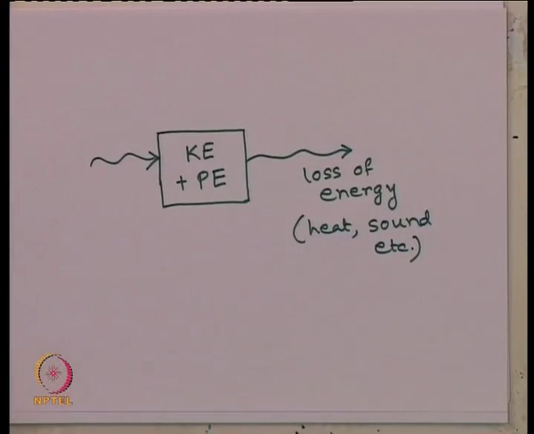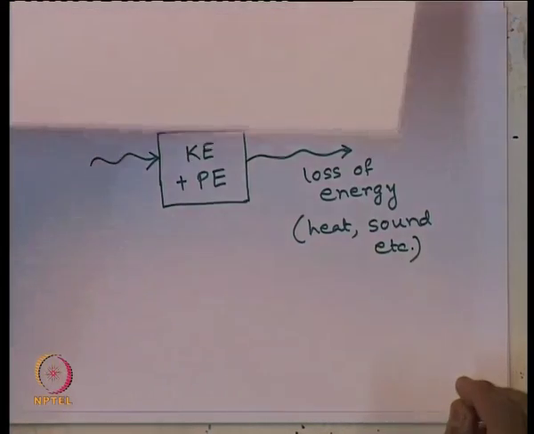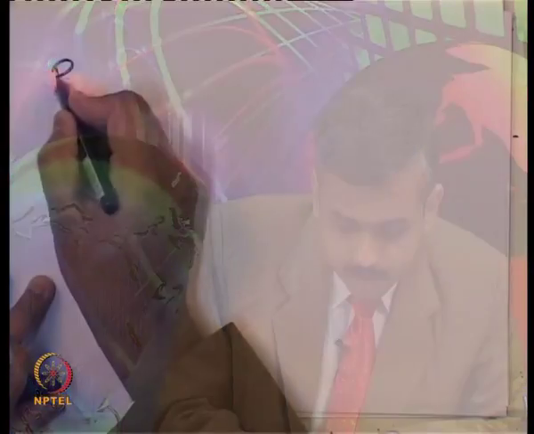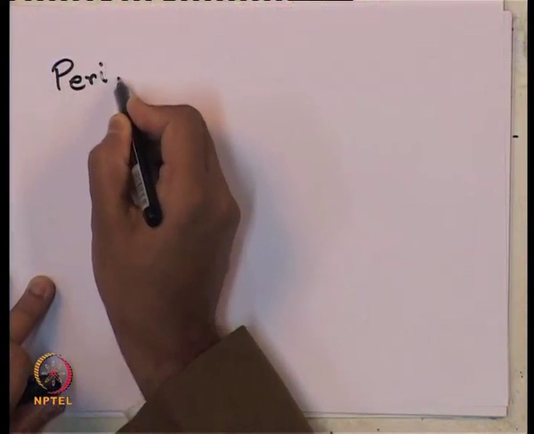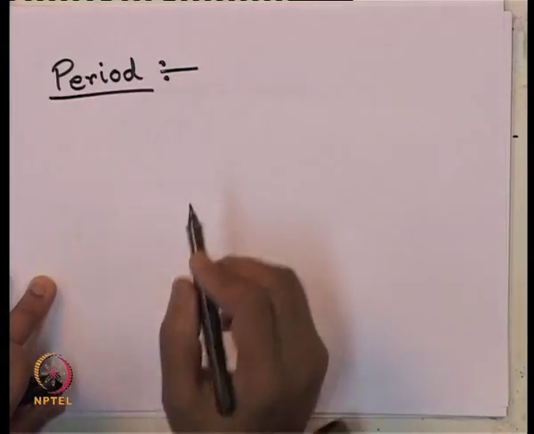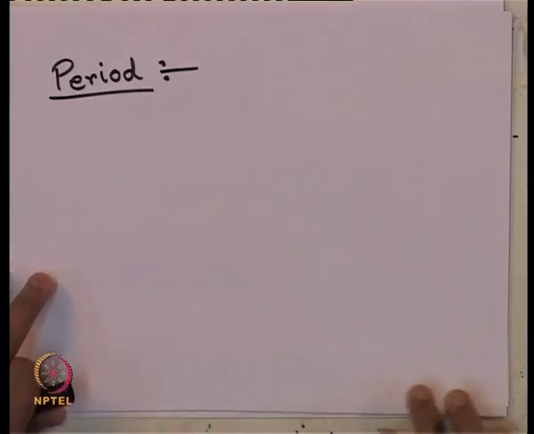So, now let us give some definitions of some standard terms which are useful in the theory of vibration. One is called time period or period of vibration. What is period of vibration?